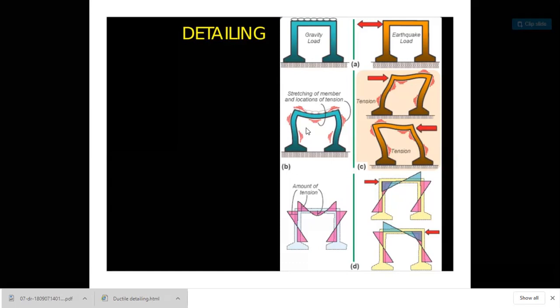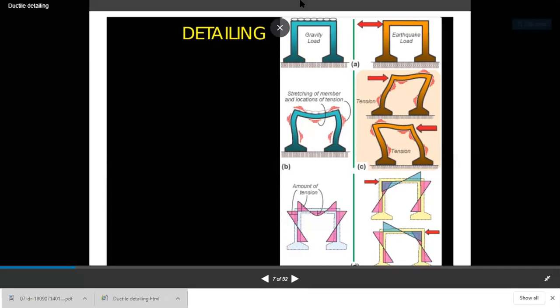So we have to make sure that our structure is a resistant structure, in which any type of force coming on the structure is resisted. Then our structure has the ductility property and behaves like an earthquake resistant structure.